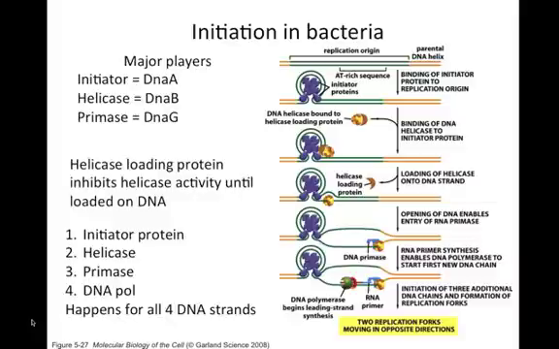It wants to come back together. Topoisomerase is going to deal with taking the tension out of the double helix that results from helicase activity opening up the double strand of DNA. Make sense?